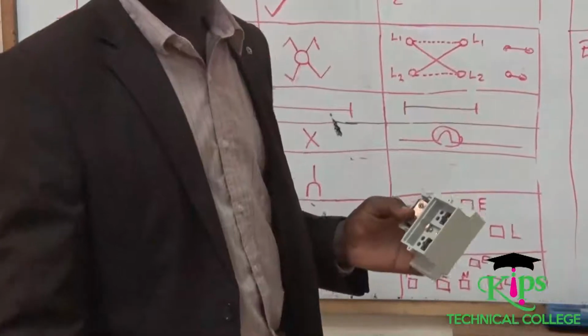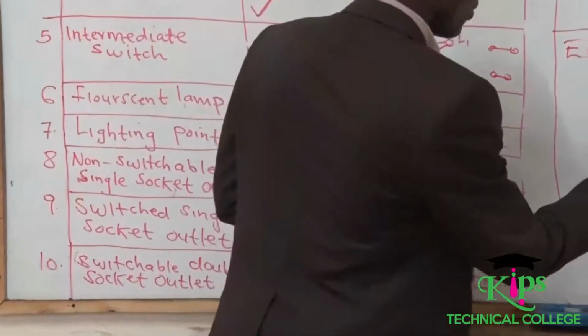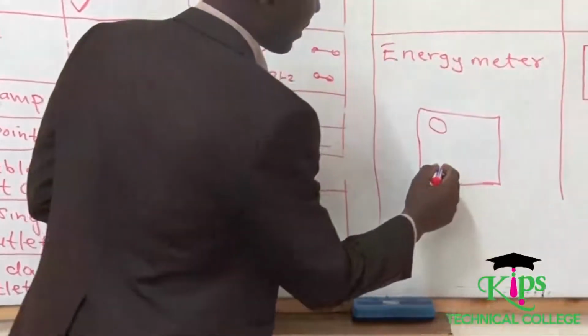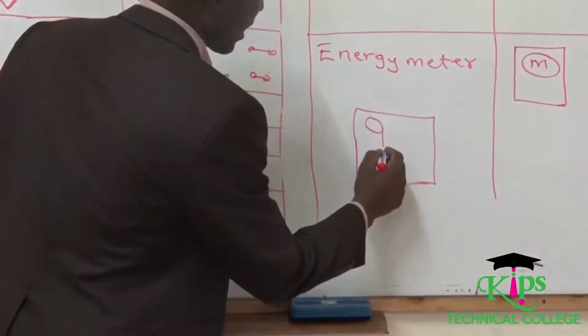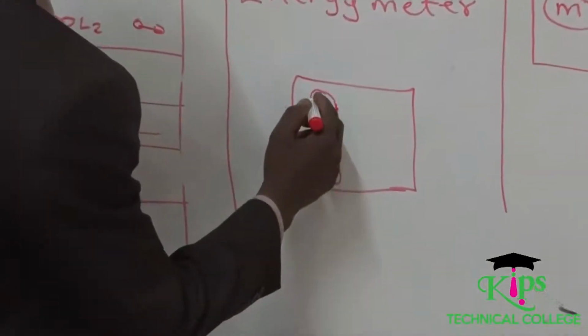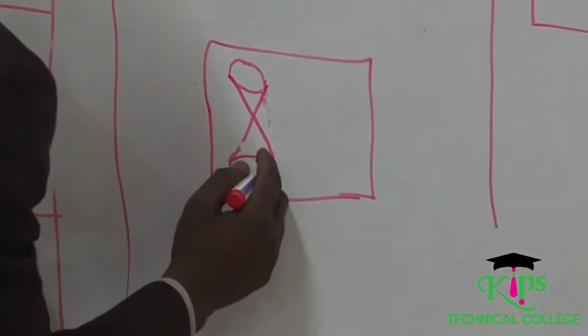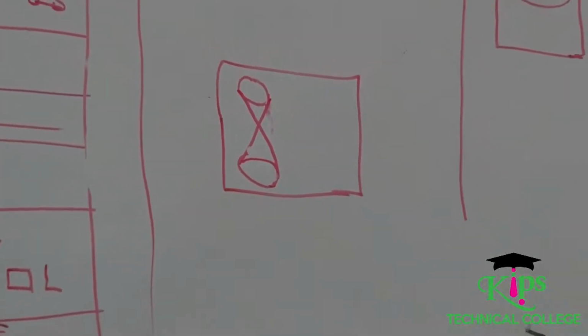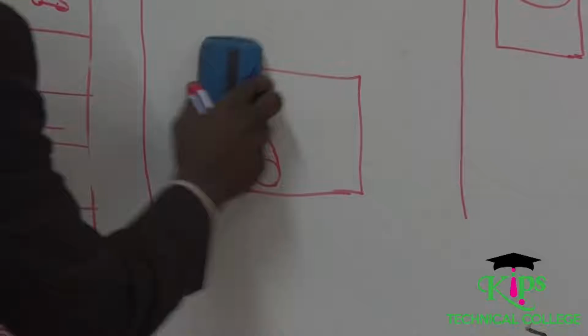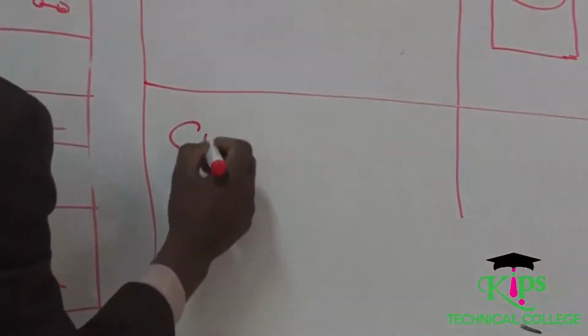Whenever you are drawing the circuit diagram for a cutout, you need to show that you are having a fuse there, and a fuse is drawn using these diagonal lines, like that. Then you just draw it on the other side. I'm saying we are having a cutout.